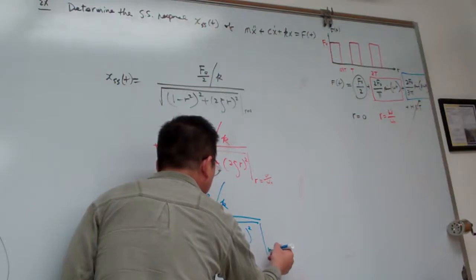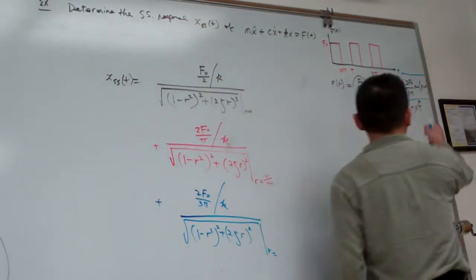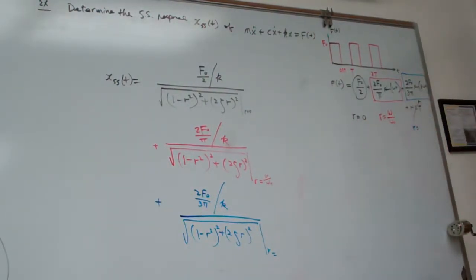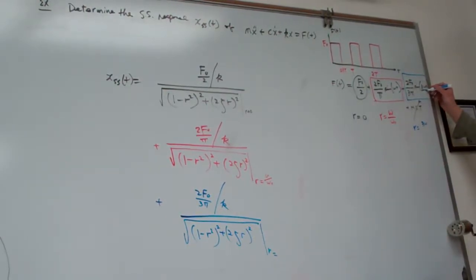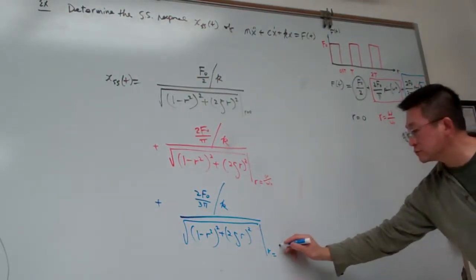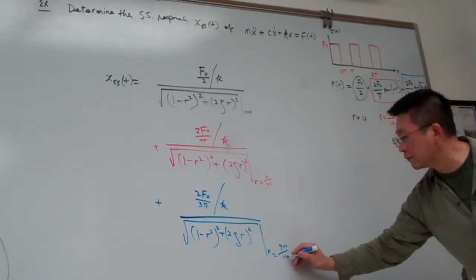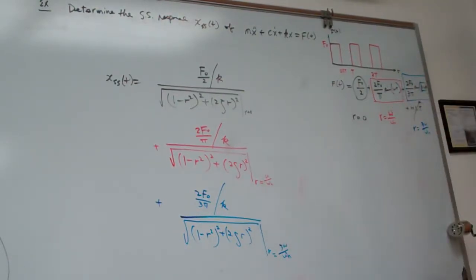And for this case, what is r? For the third term, r is the ratio, where the working frequency is 3 omega, divided by omega n. You good? So this is the answer.